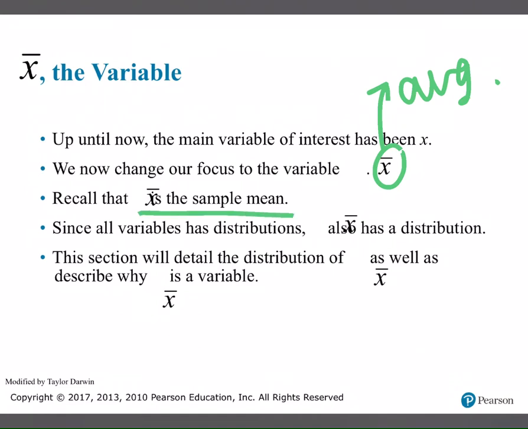Since all variables have distributions, x bar is also a distribution. And then we're going to talk about why x bar can be described as a variable now instead of just x.